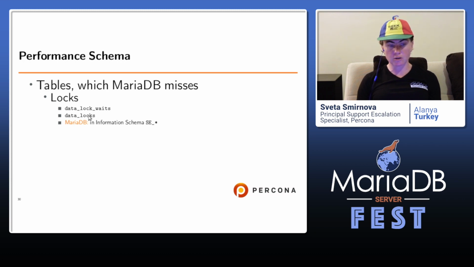They are data_locks and data_lock_waits. In MariaDB, they are available for storage engines which support such tables. These are InnoDB, TokuDB, and MyRocks storage engines. So it's INNODB_LOCKS, INNODB_LOCK_WAITS, and the same for TokuDB and the same for MyRocks.